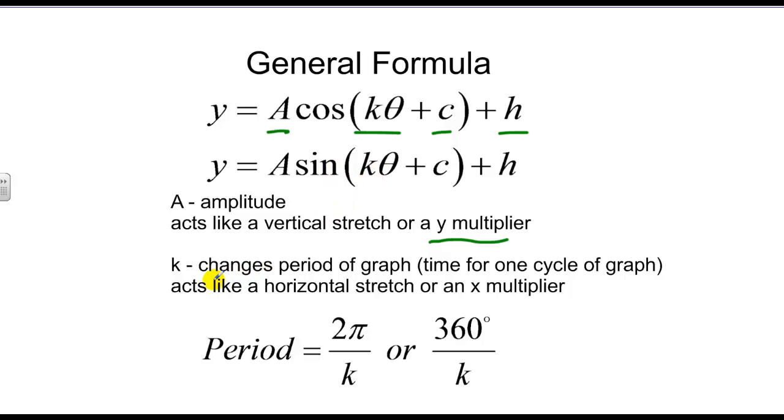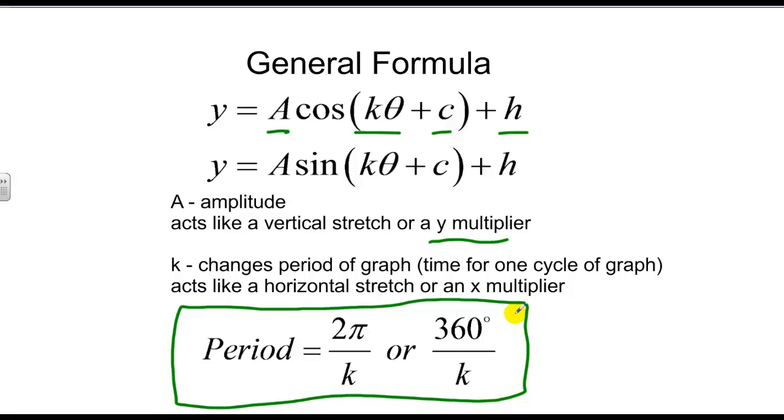K is what's called an x multiplier, just like it was before, and what it does is it changes the period of the graph. And we'll find out that, in essence, if you want to calculate the period of a sine or a cosine graph, you need to take 2 pi over the k value to get that period, or if we're using degrees, 360 over k will get you that period.